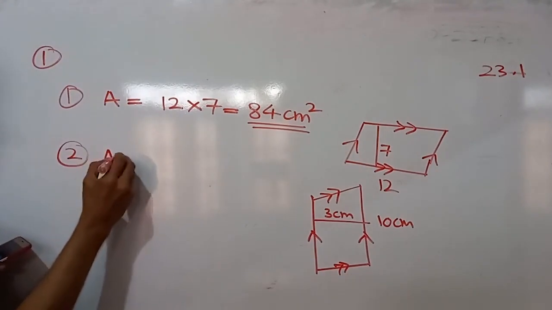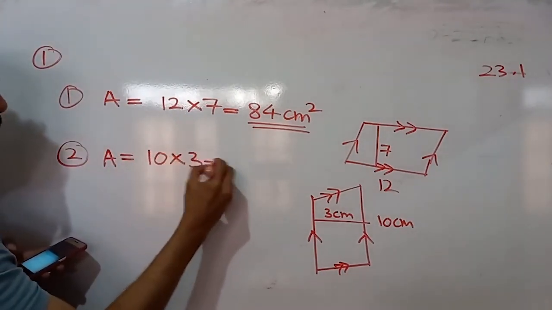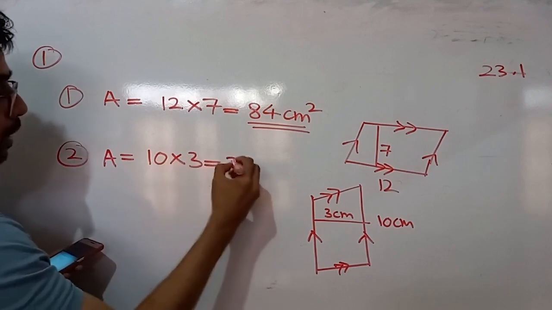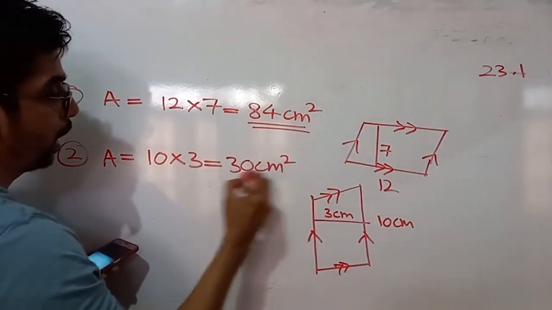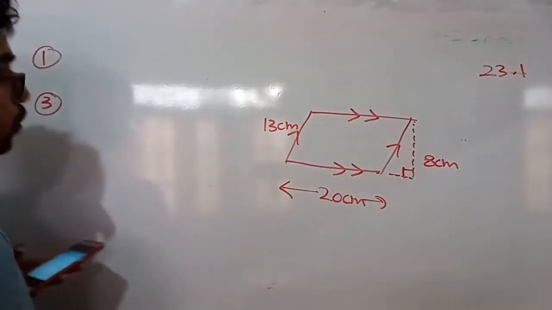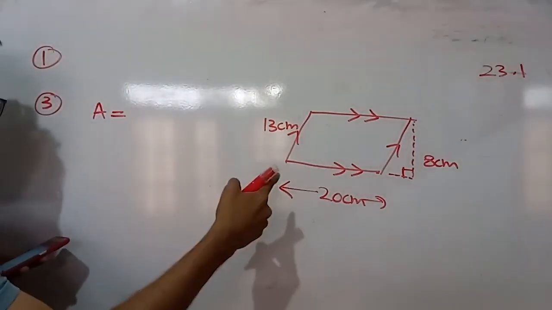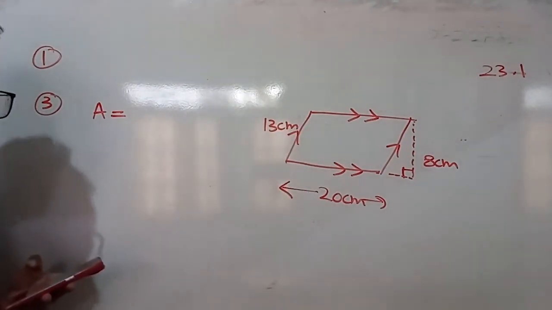So area is equal base into its perpendicular height. So 10 times 3, that is 30 square centimeters. Okay, so we will look at part 3 of question number 1. So we know area of a parallelogram is what? Base into its perpendicular height.